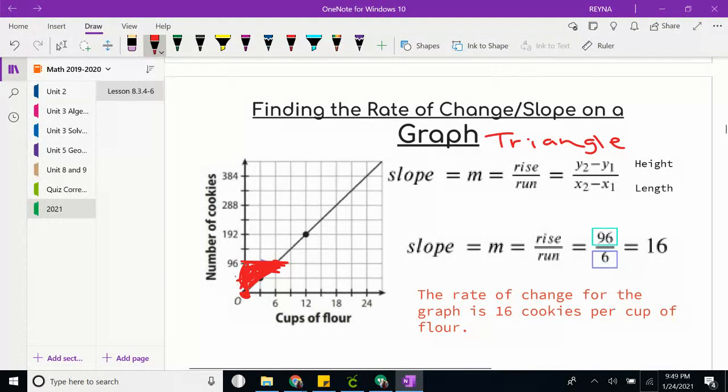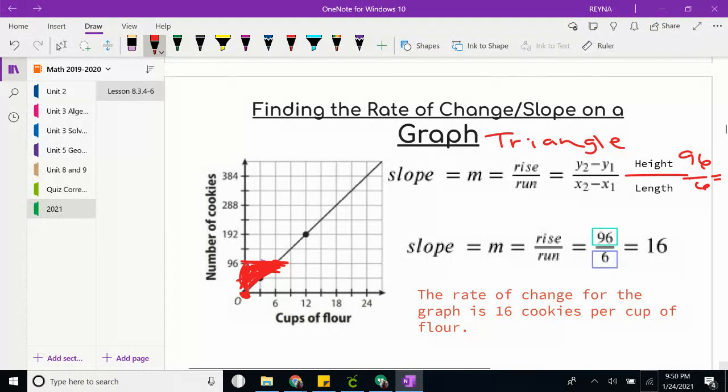So how tall is this triangle? Okay, this is a height of 96. Okay, and then how long is this triangle from here to here? This has a length of 6. So my rise would be 96, and my run would be 6.